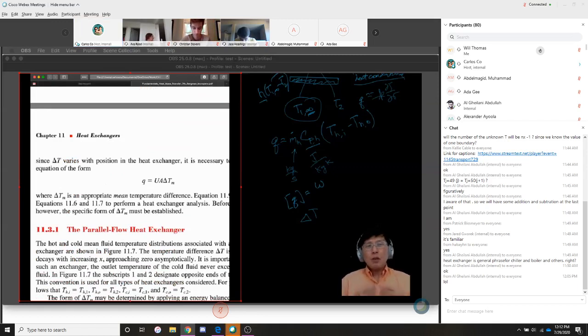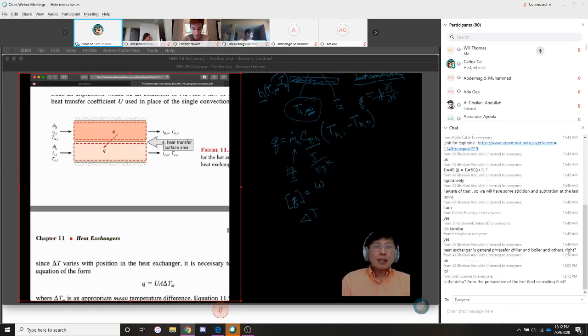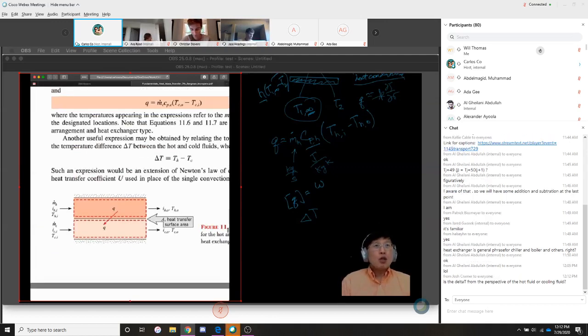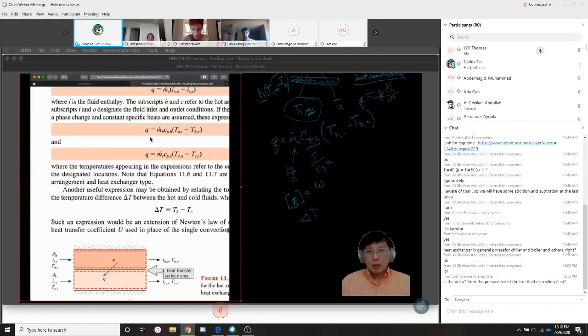So you might be wondering at this point, you can calculate the amount of heat that was transferred based on the change in temperature of the hot streams and on the change in the temperatures of the cold streams, right?